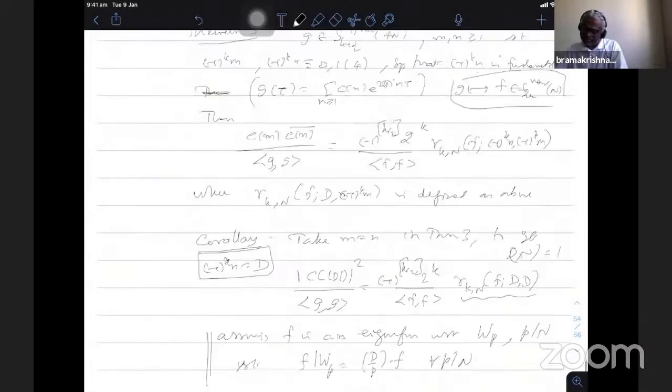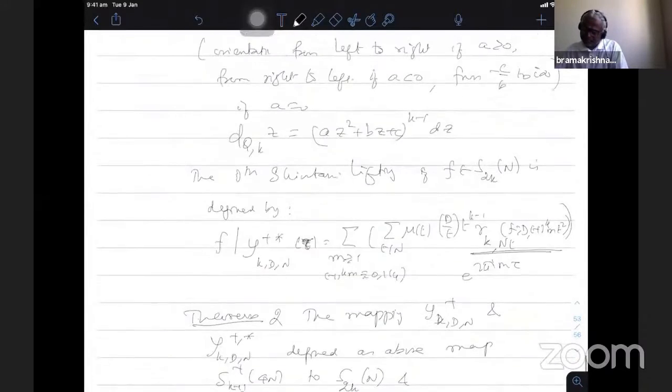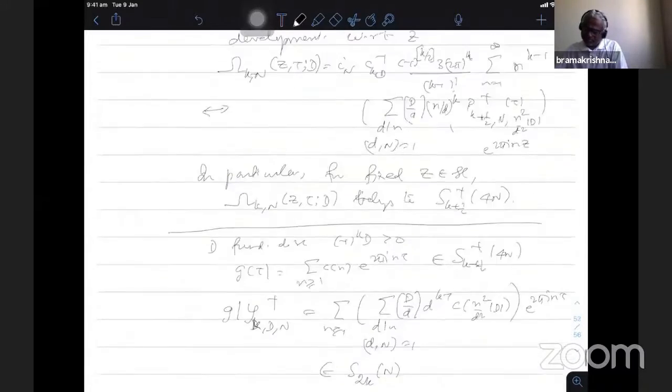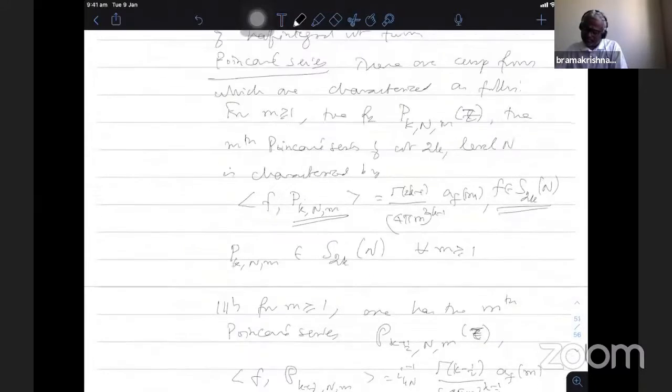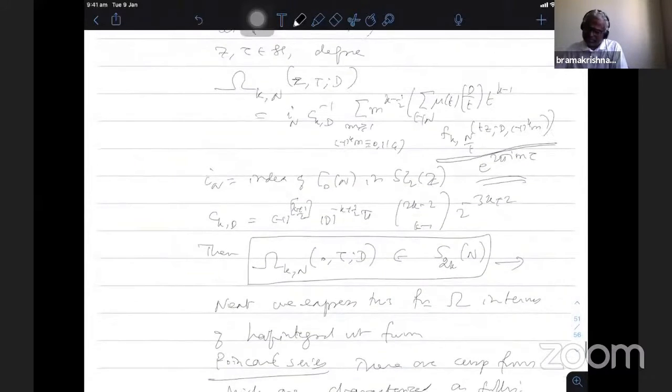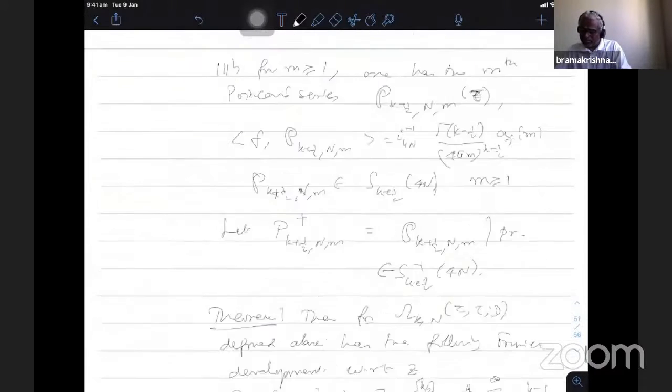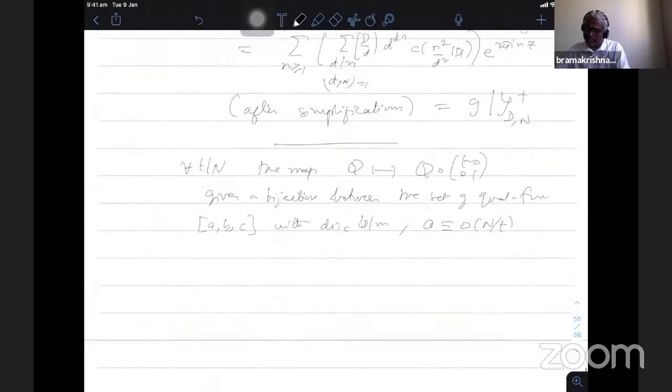This is when I consider this function f_k. When I consider this one, f_{k,n/t} means that for the quadratic form ax square, a is divisible by the level. So n by t means a is 0 mod n by t. So that's what he is taking here: a is 0 mod n by t, and the discriminant is there mod dm. That's the setup.